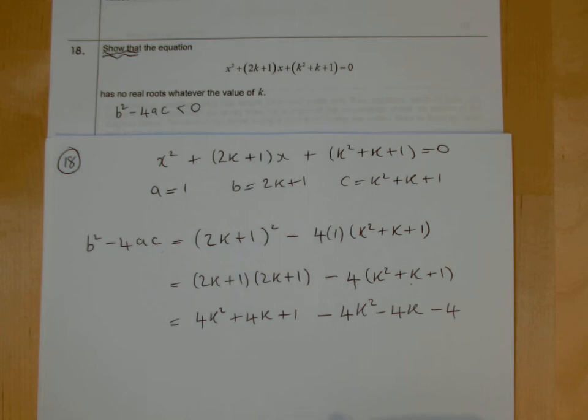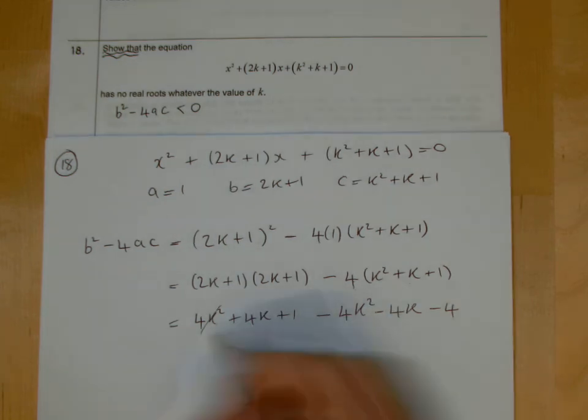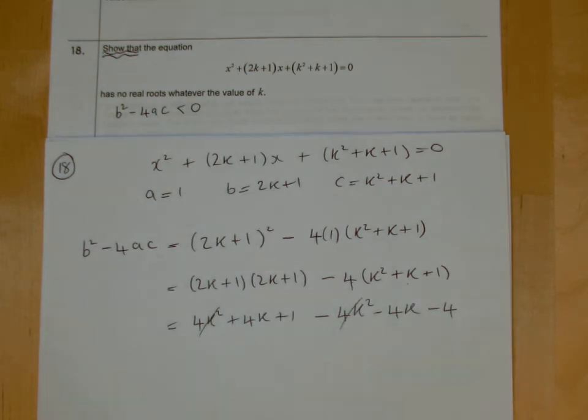And what I want you to notice then is, look, that cancels with that, doesn't it? That also cancels with that. Now this doesn't cancel with this, but notice what you've got. You've got 1, take away 4, which works out to be minus 3.